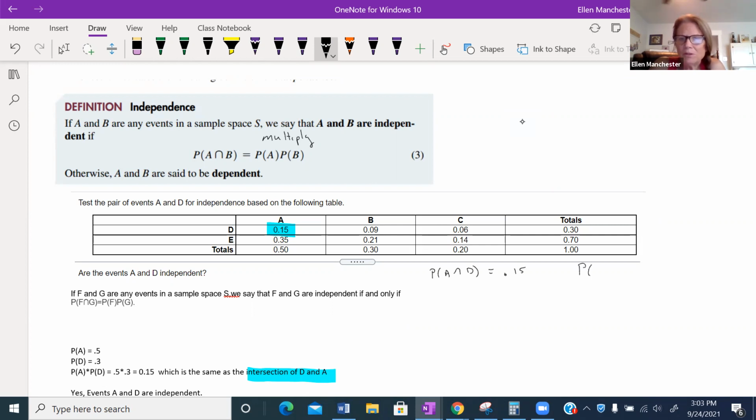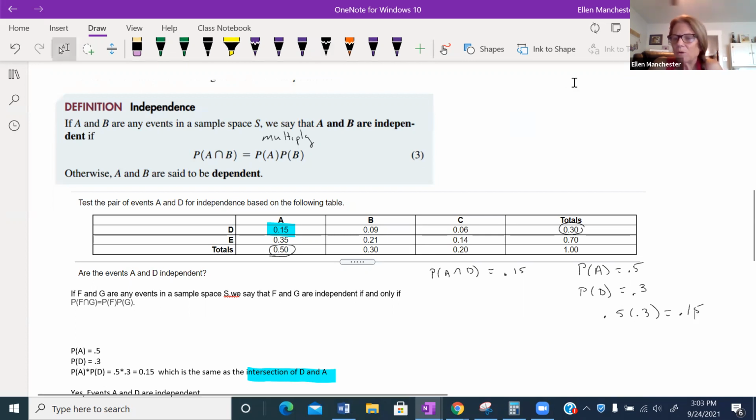The probability of A is 0.5, and it's right here, that's the total of A, and the probability of D is right here, 0.3. When I multiply 0.5 times 0.3, I'm going to get 0.15. So you can see these are the same values. Since the intersection is the same as when I multiply them, then yes, A and D are independent.